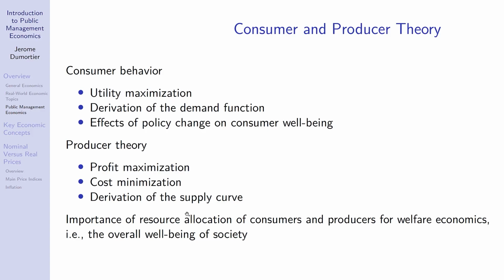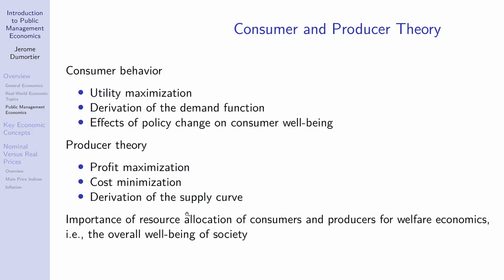Consumer theory examines how individuals maximize utility, how demand functions are derived via utility maximization, and how policy changes affect consumer well-being. But note that we are not only looking at policy changes, but also at income and price changes in general.